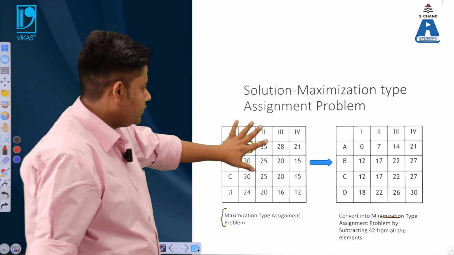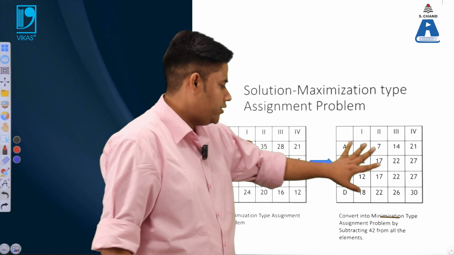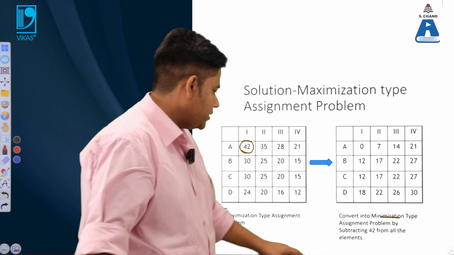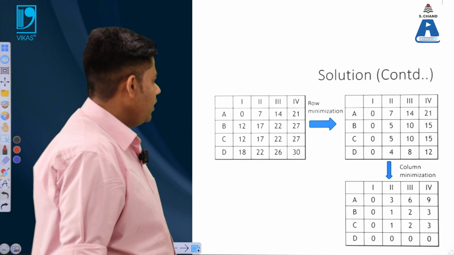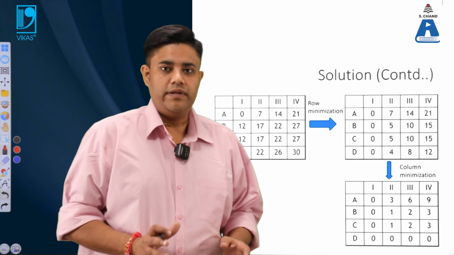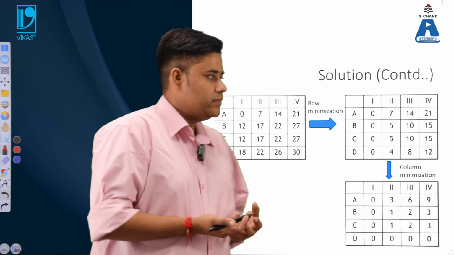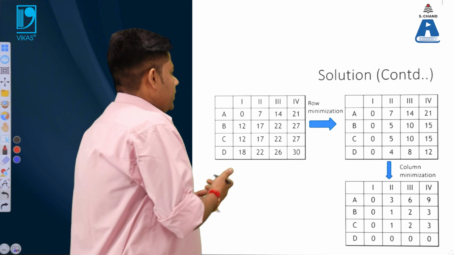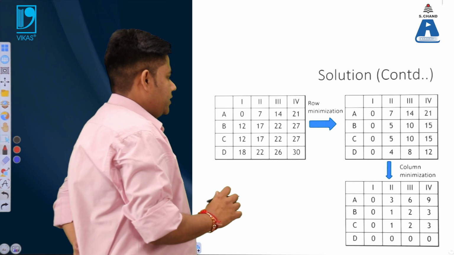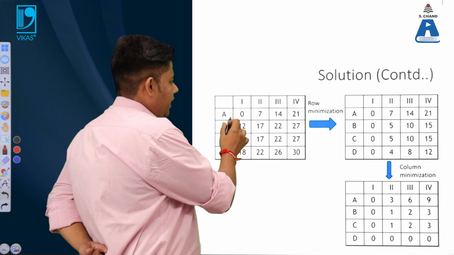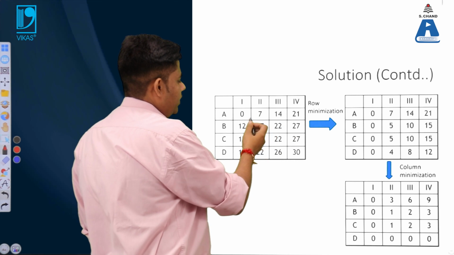So this matrix, which was initially a maximization type matrix, is being converted into a minimization type matrix by doing that particular procedure. Now, what is to be done? We have to adopt that same Hungarian algorithm, and that Hungarian algorithm says that we have to go with the row minimization and then the column minimization. What is row minimization? We have the first row. We have to look for the minimum element in the first row.